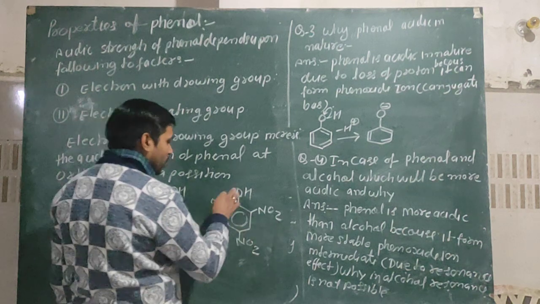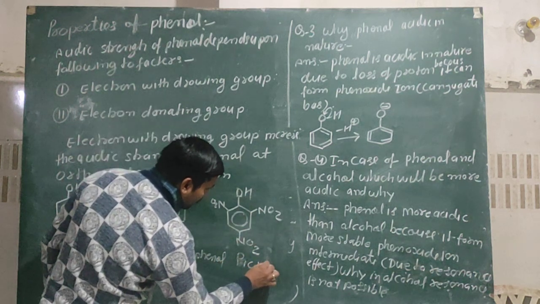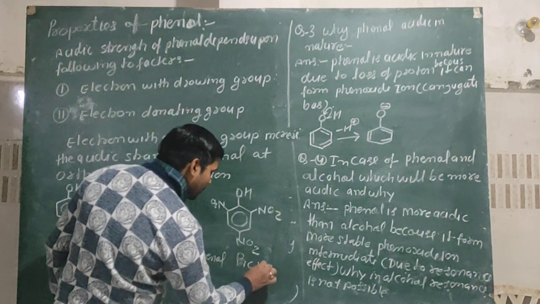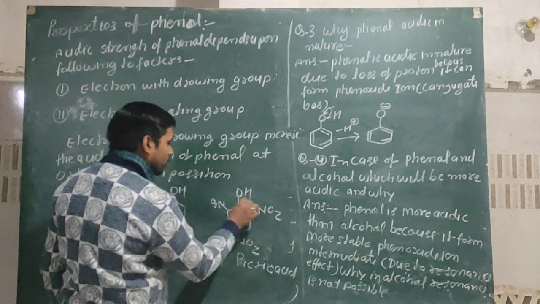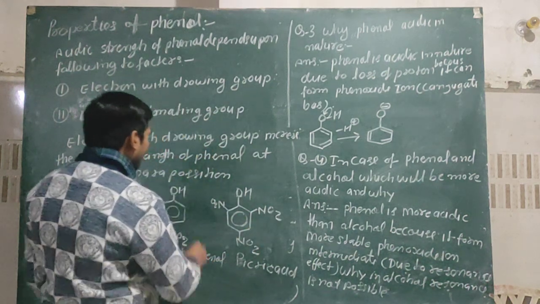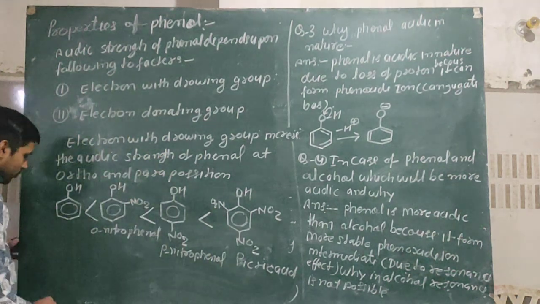Okay, trinitrophenol is present. It is also known as picric acid, 2,4,6-trinitrophenol. It is its IUPAC name, and it is more acidic as compared to phenol.